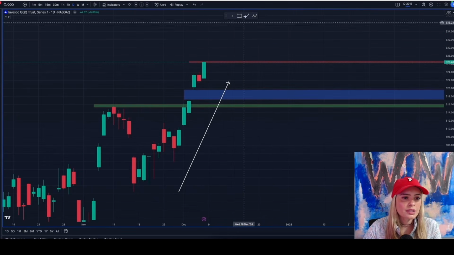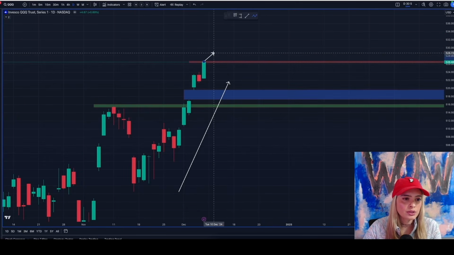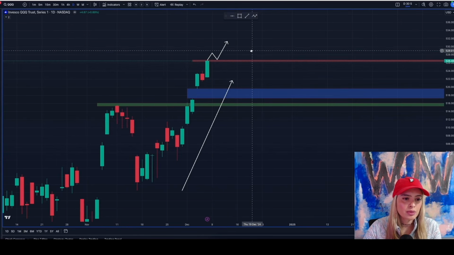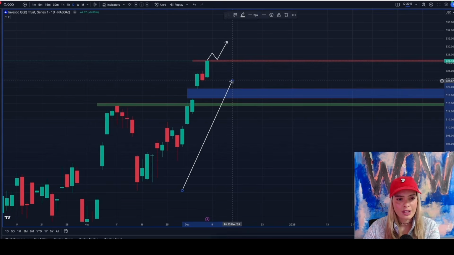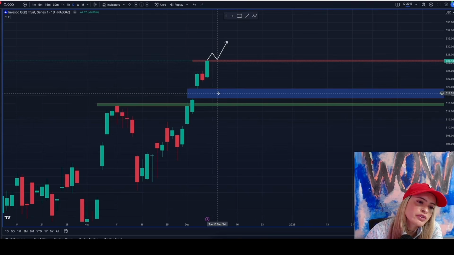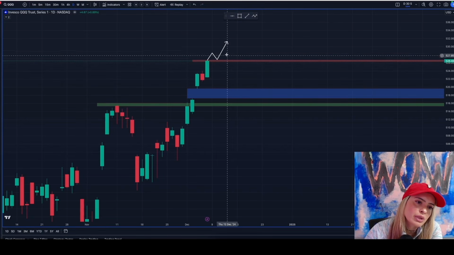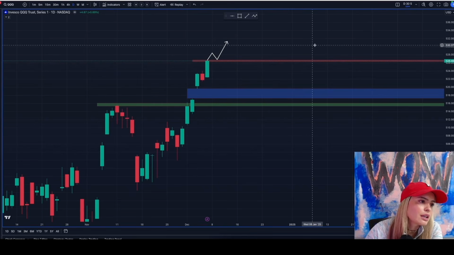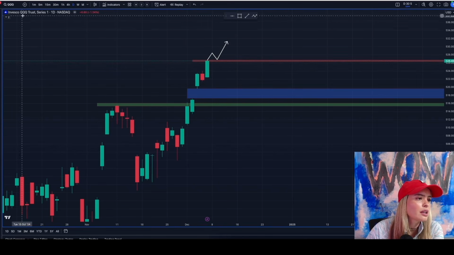So I'm gonna watch this high here. If it can use this high as support, I'm definitely gonna look to play the upside continuation here. If we see a very weak market, I'll wait for the Q to fill this gap to play the upside continuation. But I like this possible play here a lot.